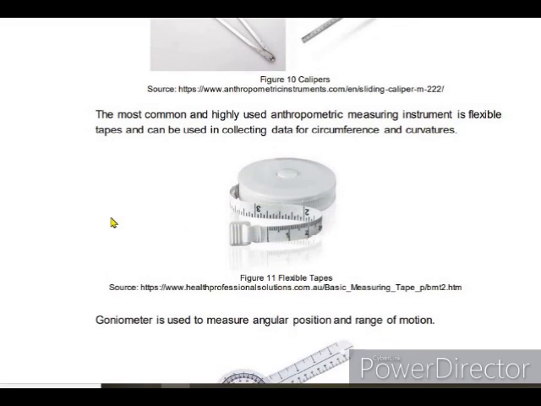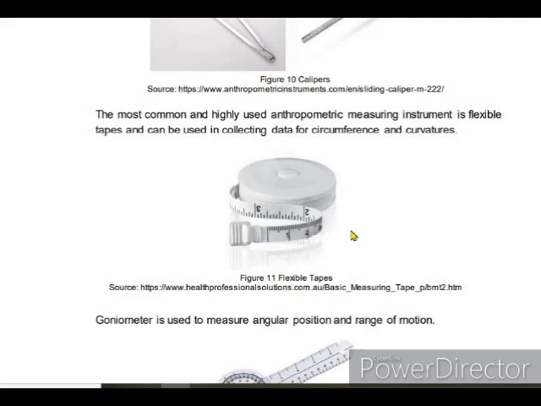Next, the most common and highly used anthropometric measurement tool, of course, and I think every home has one of these, is the flexible tape or the flexible meter tape, and it can be used in collecting data for circumference and curvatures.